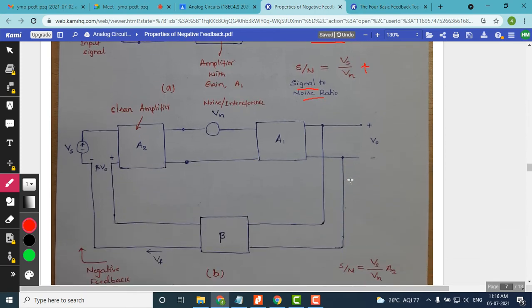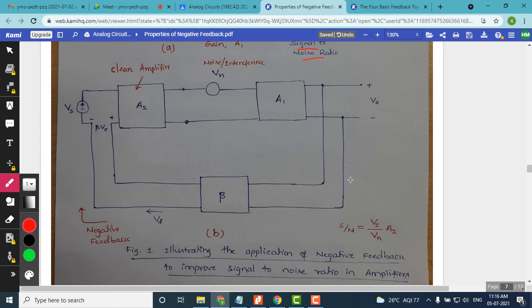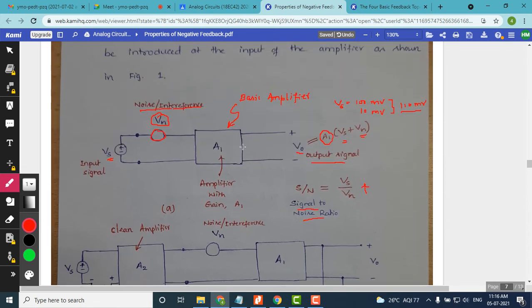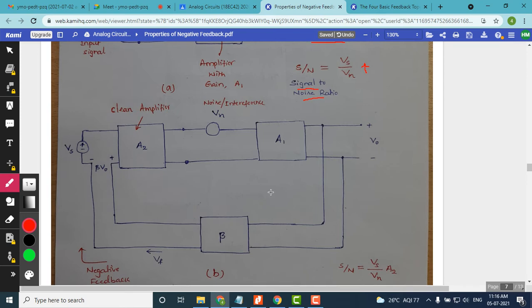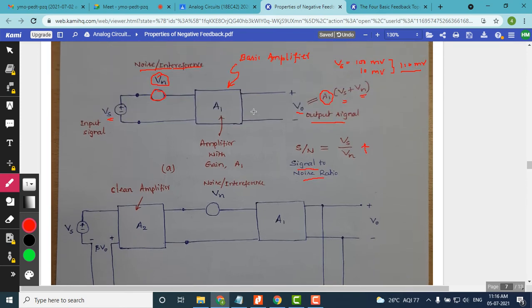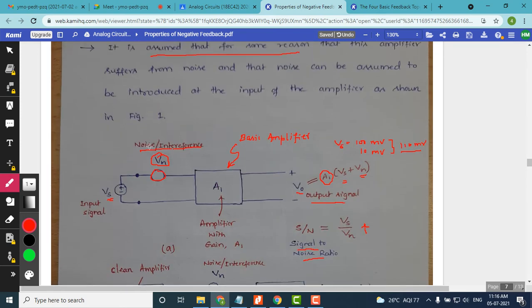Now let us see an illustrating application of a negative feedback amplifier in order to improve the signal to noise ratio. What is the difference between the block diagram we have discussed here and this one? Here we have shown where the noise has originated, which we have introduced at the input of an amplifier, and at the output you are seeing both the source signal and the noise signal, which are amplified by A1 times.